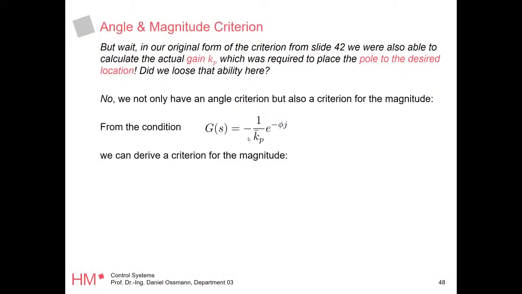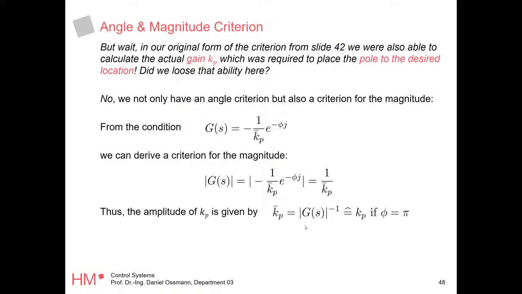Remember our condition: g of s needs to be equal to minus 1 over kp, the amplitude of kp times the angle. And this says the amplitude of g of s needs to be the inverse of your kp. So you just compute the magnitude of g of s, you invert that, and this exactly gives you your kp, right?